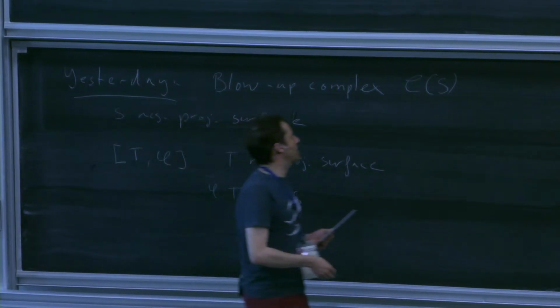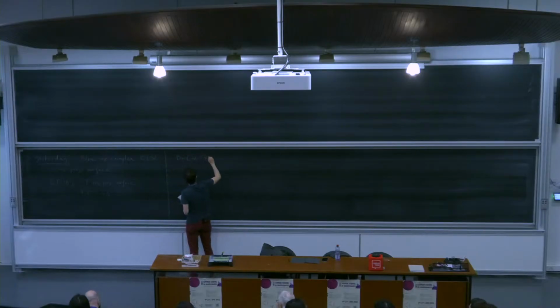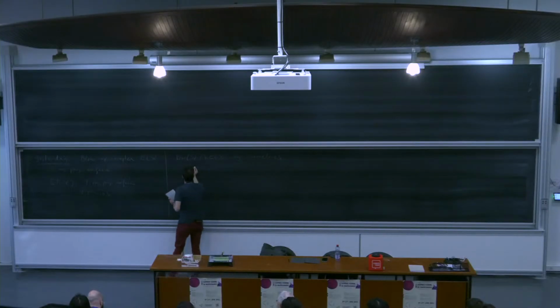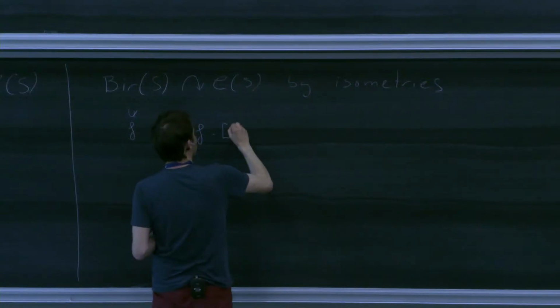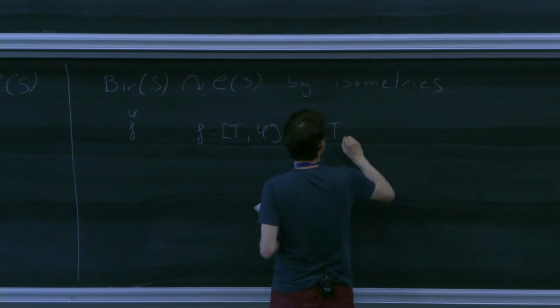Now, what is nice is that we actually have a group action by isometries of Bir(S) on this cube complex. The action is pretty straightforward. If you have an F in here and a vertex of this form, then we just define F of (T, phi) to be (T, F phi).